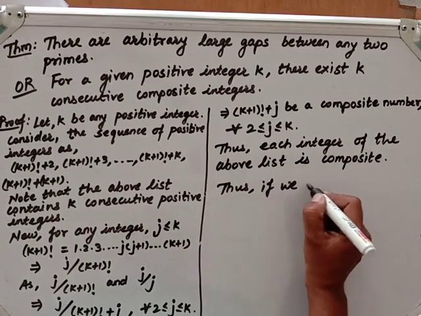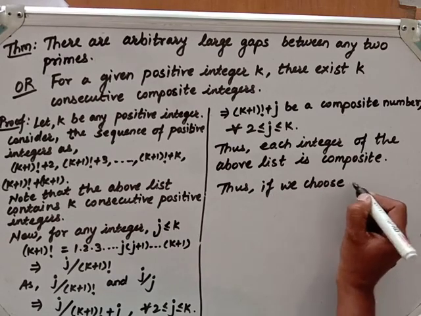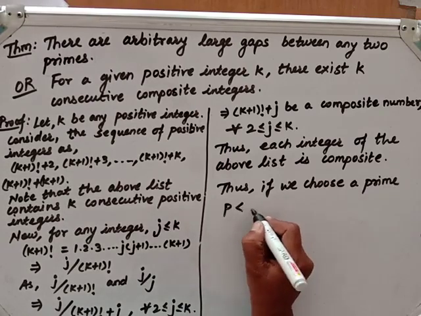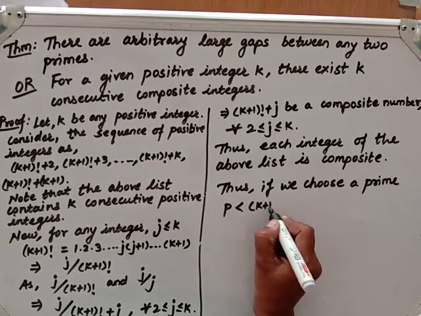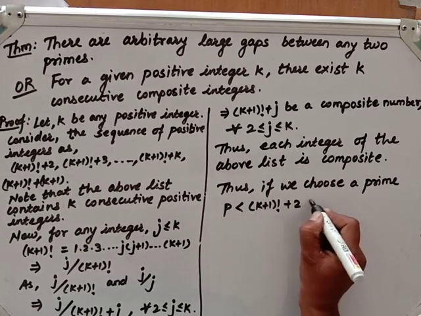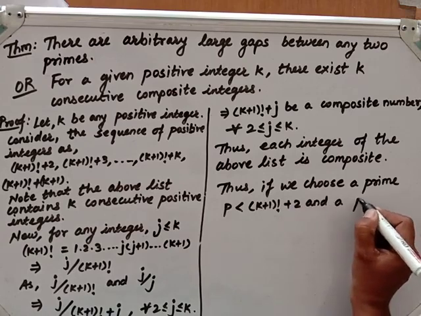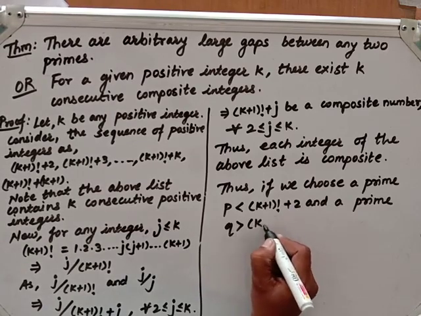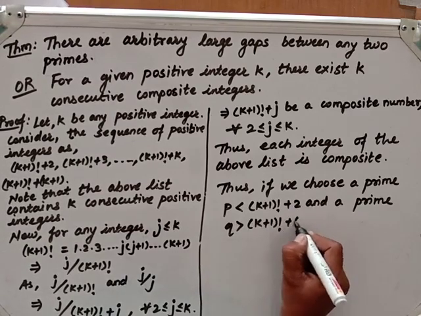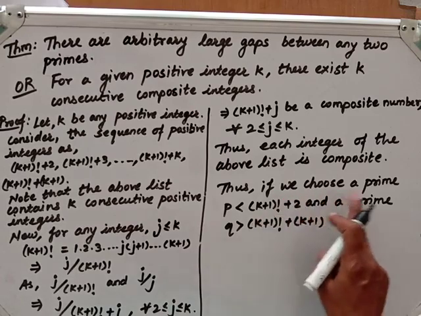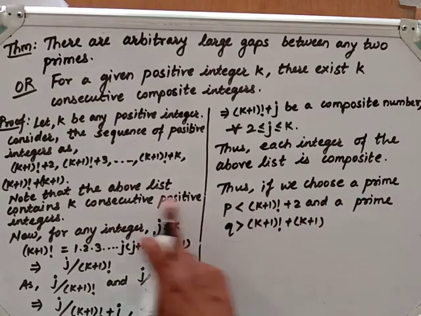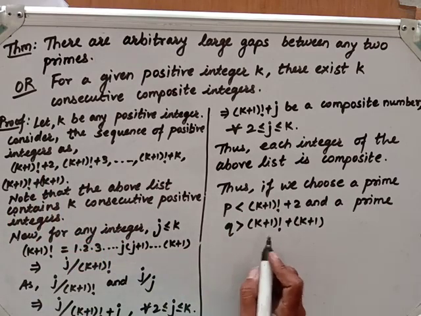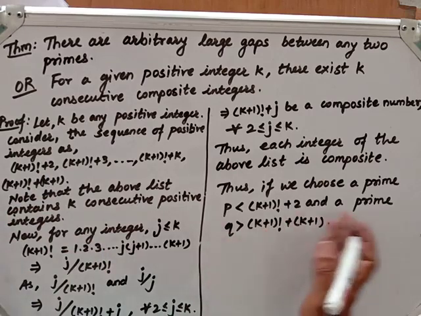Thus if we choose a prime p less than k plus 1 factorial plus 2, and a prime q greater than k plus 1 factorial plus k plus 1, that is, a prime less than the first number and a prime greater than the last one, then there is a gap between them.